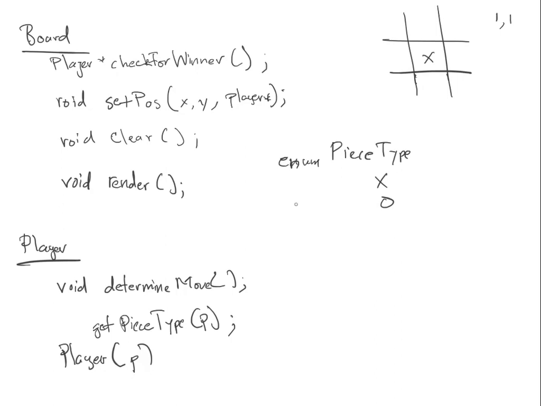If we haven't, enum's just a way to define custom symbols, essentially. So that I'll be able to say piece type X, piece type O, and then use those as constants, essentially. So we got piece type, we got board, we got player.